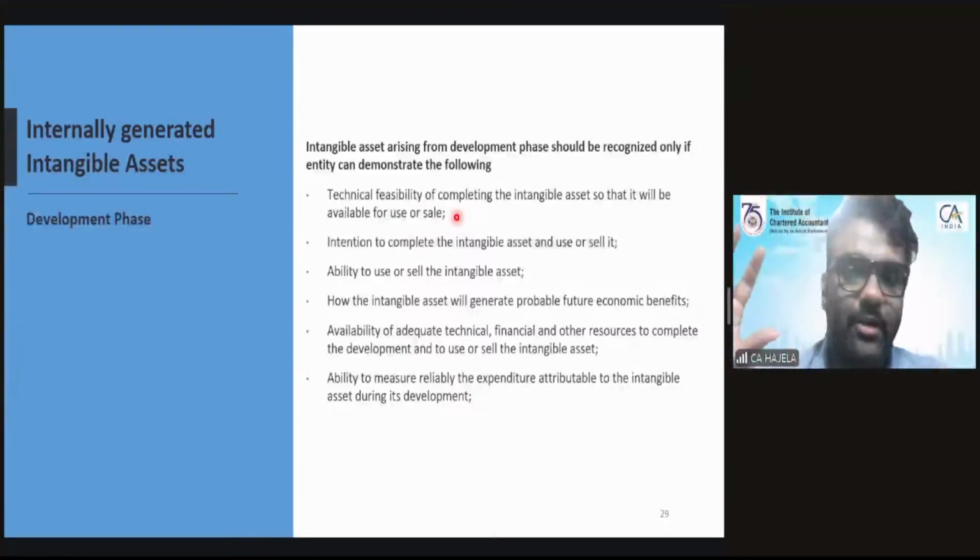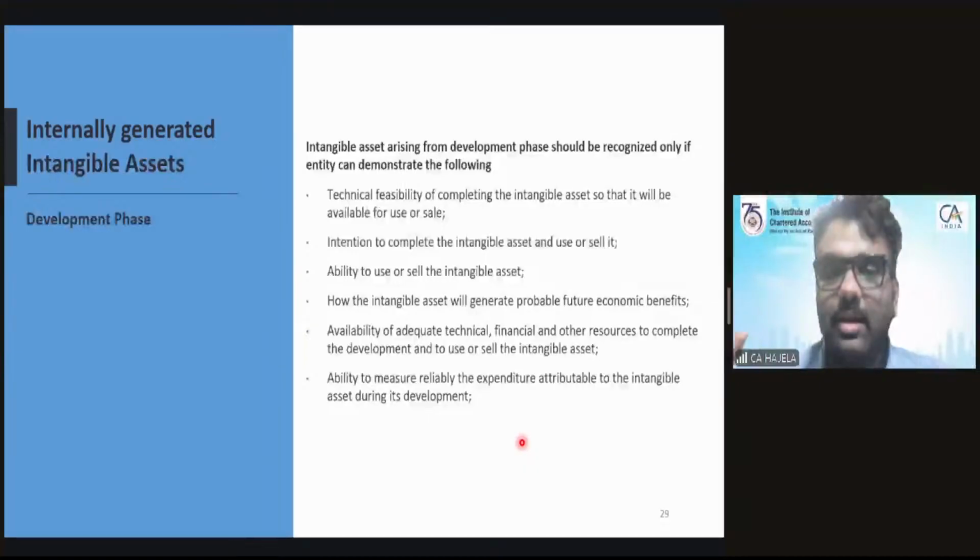Let's take the example of medicine and let's go point by point. I have developed the formula, right? I have developed the formula, but one of the items required to make that medicine is found on planet Mercury.